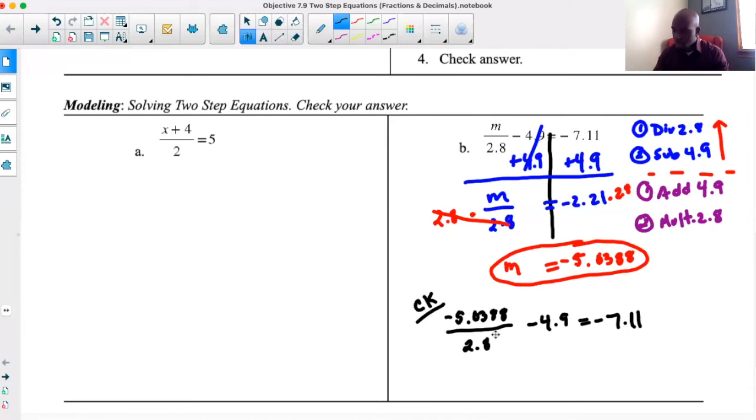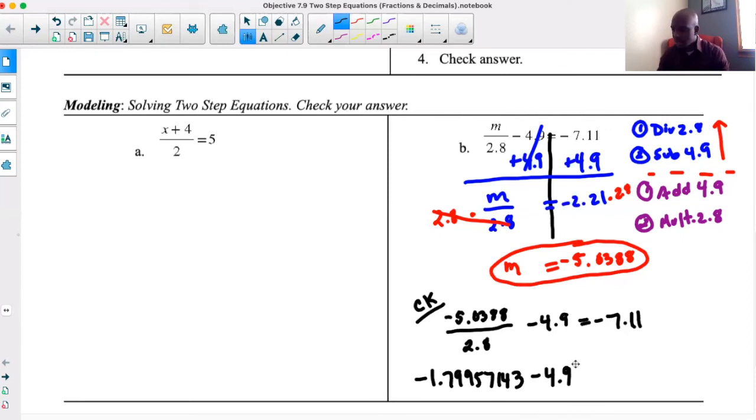Let me just do it one more time. 5.0388 divided by 2.8. When you do that, you get negative 1.79957143. And I'm hoping that my calculator isn't chipping here.